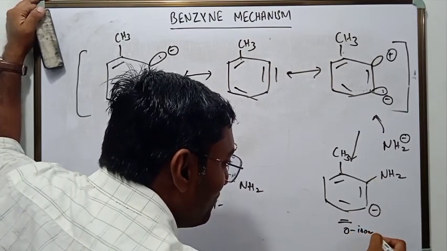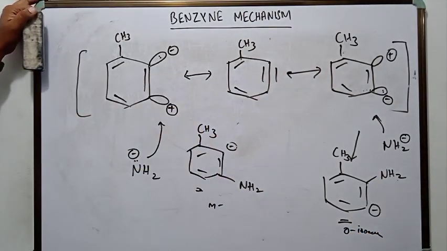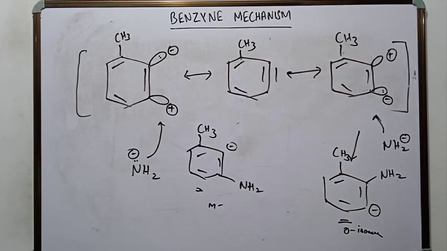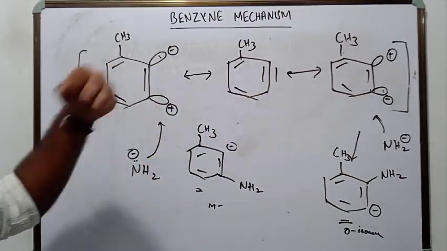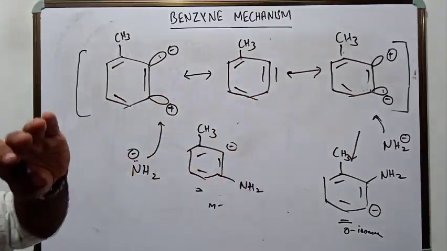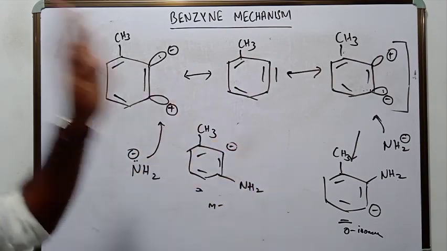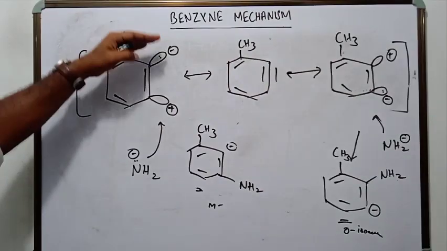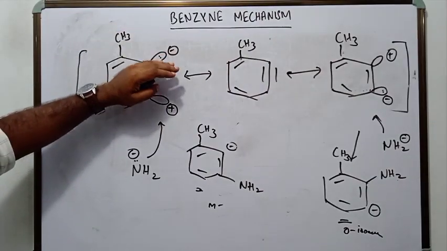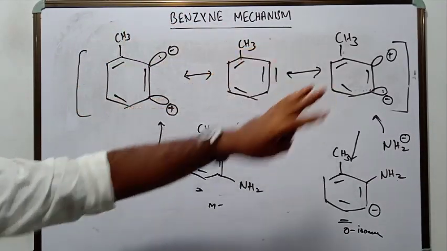So two isomers would have been formed if a substituent was attached. So this is the importance of the reaction proceeding through the benzyne intermediate. If it proceeds through benzyne intermediate, there is no doubt that two products will be formed, and that too in equal proportion, because there is equal probability of the electron going towards the upper lobe and the lower lobe.